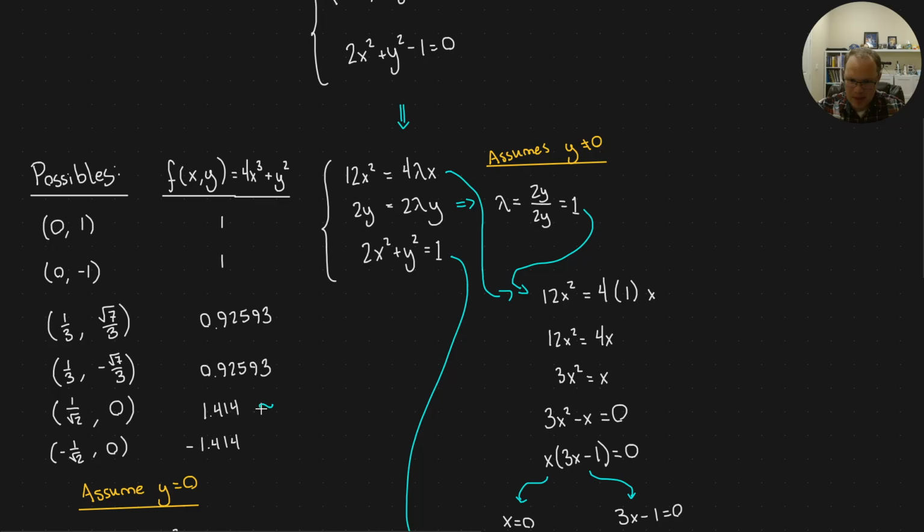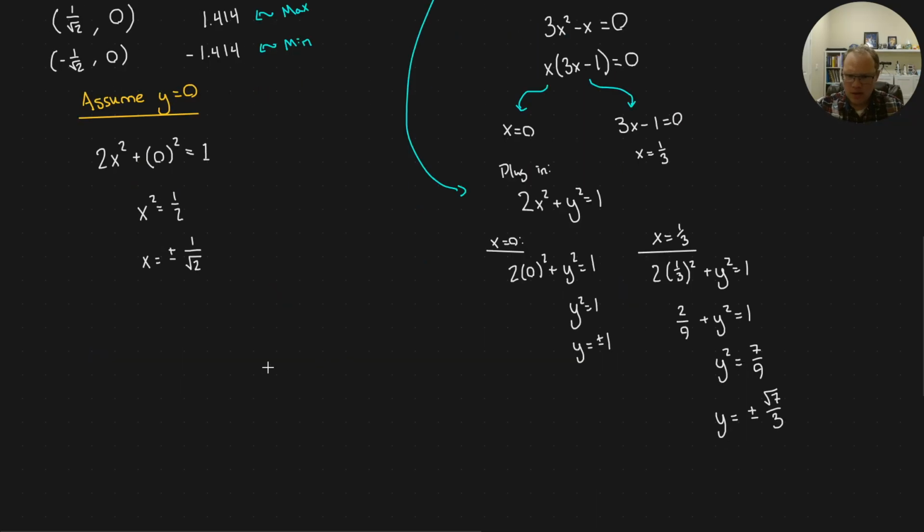That means this is our maximum and this is our minimum. So our absolute max is about 1.414, and it is at the point (1/√2, 0). The absolute minimum of this function, subject to the constraint, is negative 1.414, and it's going to be at the point (-1/√2, 0).